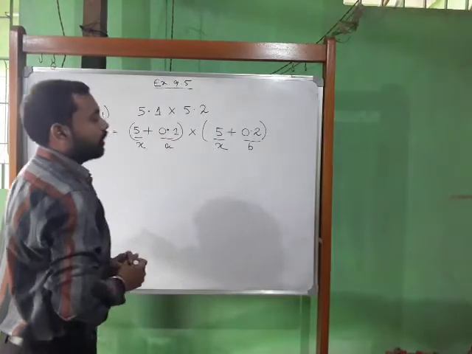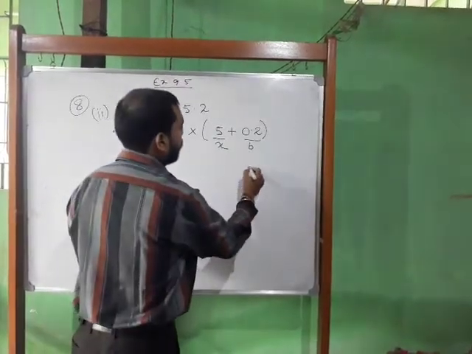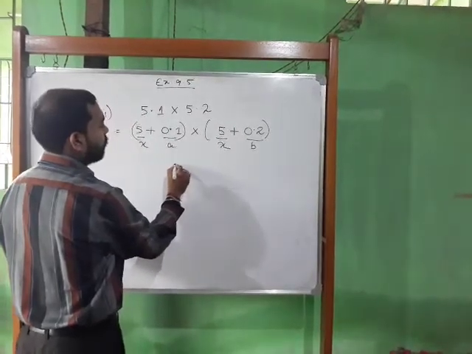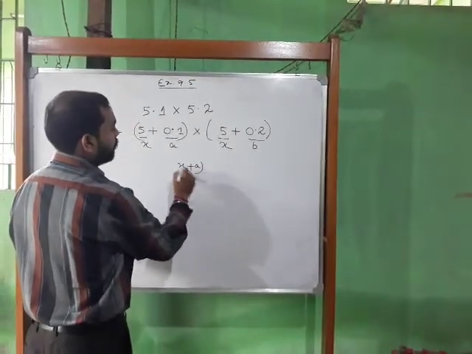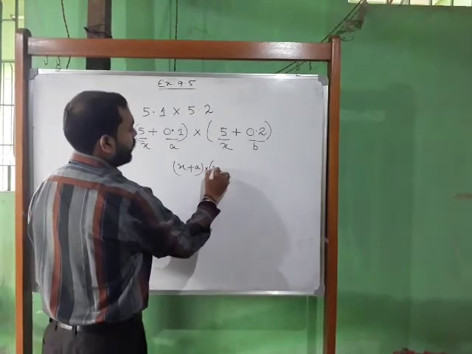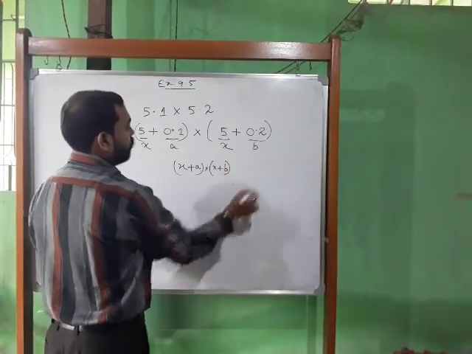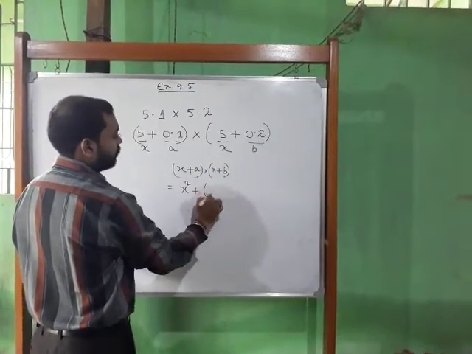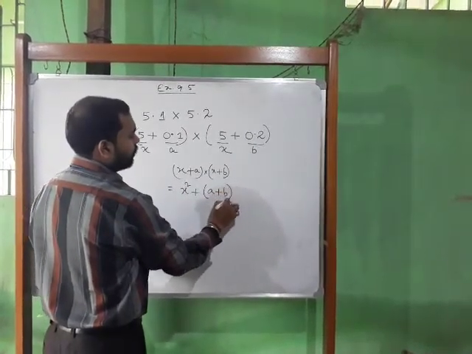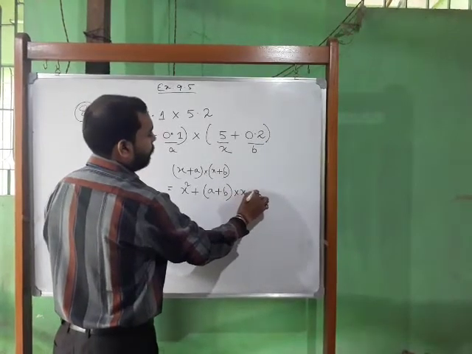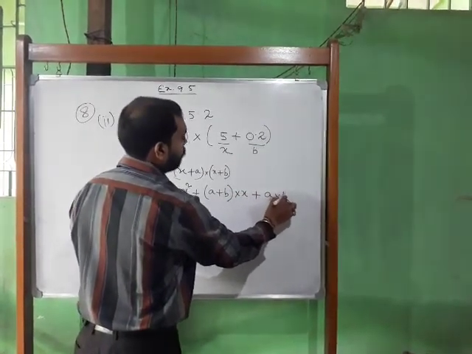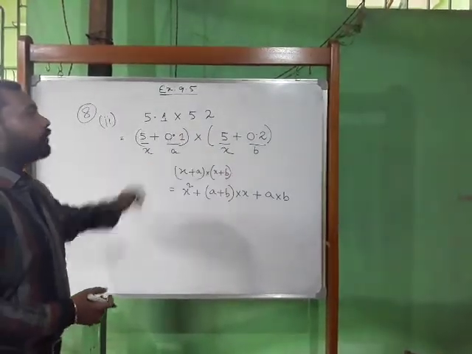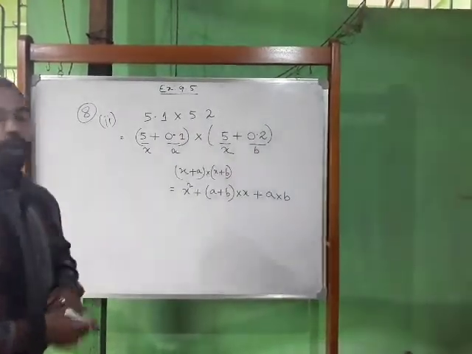So there is a formula, let me write it down once. (x plus a) into (x plus b). The formula is x square plus (a plus b) into x plus a into b. This is the identity which I am going to use in this problem.